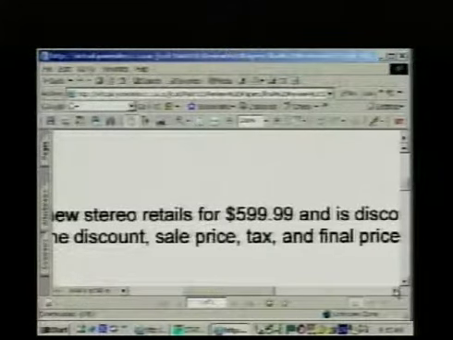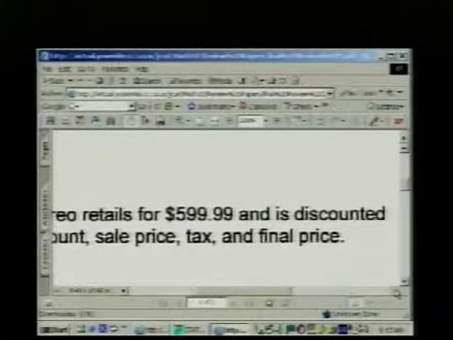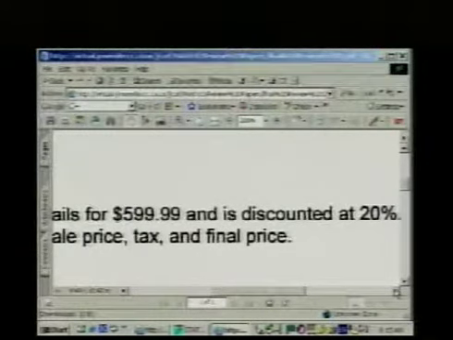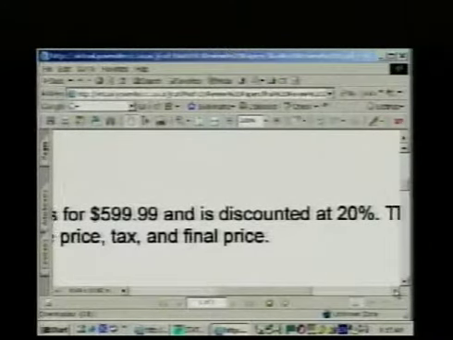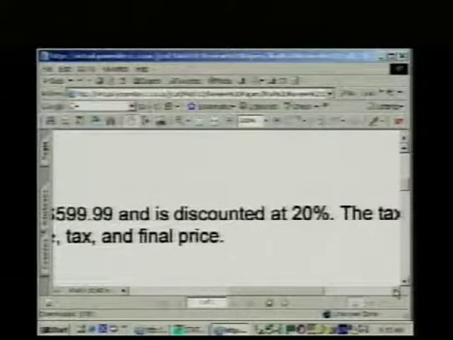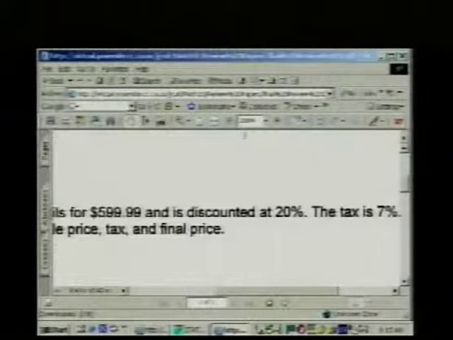Now the question, what is my discount rate? So let me scroll across. Okay, so we're going to discount it at 20%. That's good. I like that kind of savings. And the question, what is the sales tax? So I'm going to decrease this font just a little bit.